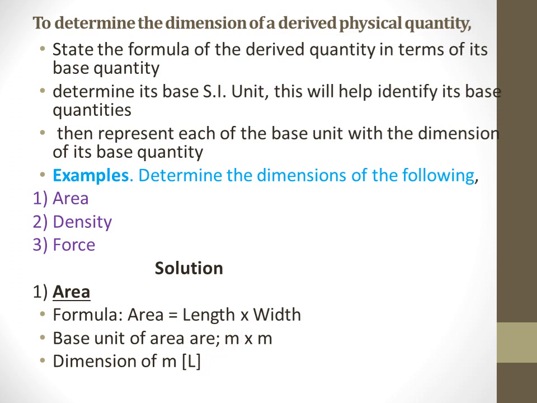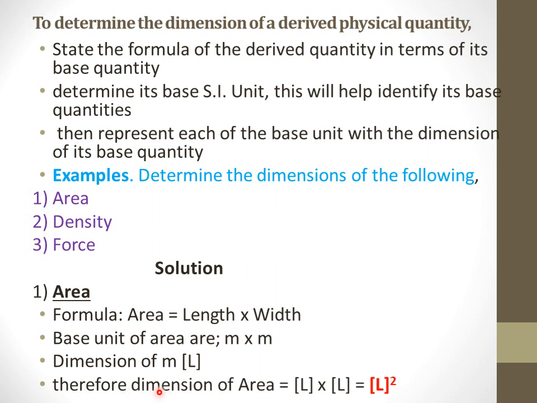So if we substitute, what do we have? Therefore, the dimension of area is L for meter times L for meter, giving us L squared. So area is length times width.